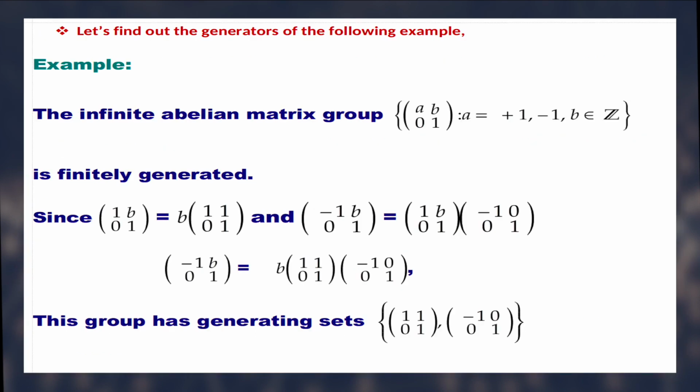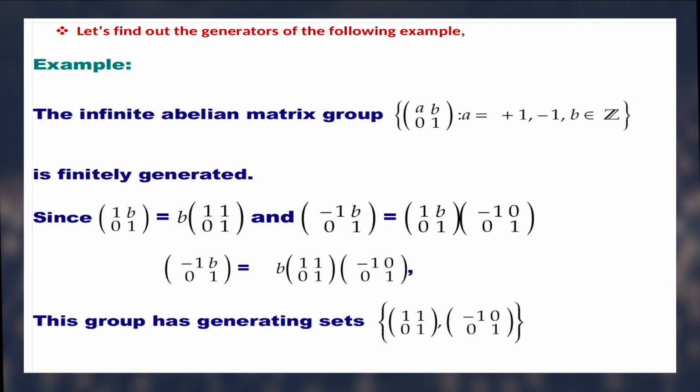Let us find the generators of the following example. The infinite abelian matrix group, the set of 2 by 2 matrices [a, b; 0, 1] such that a is equal to plus or minus 1 and b belongs to the integers Z, is finitely generated.